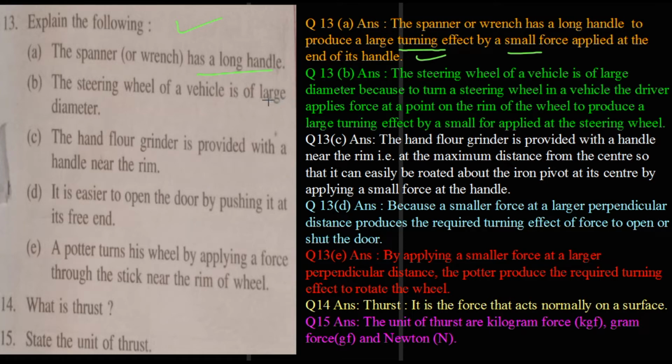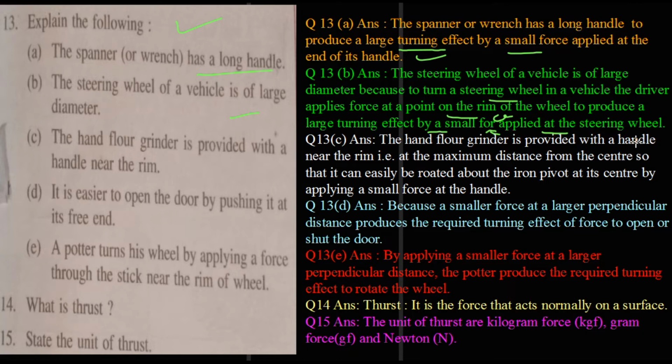The steering wheel of a vehicle is of large diameter because, to turn the steering wheel in a vehicle, the driver applies force at a point on the rim of the wheel to produce a large turning effect by a small force. This is force, F-O-R-C-E, force applied at the steering wheel, right?